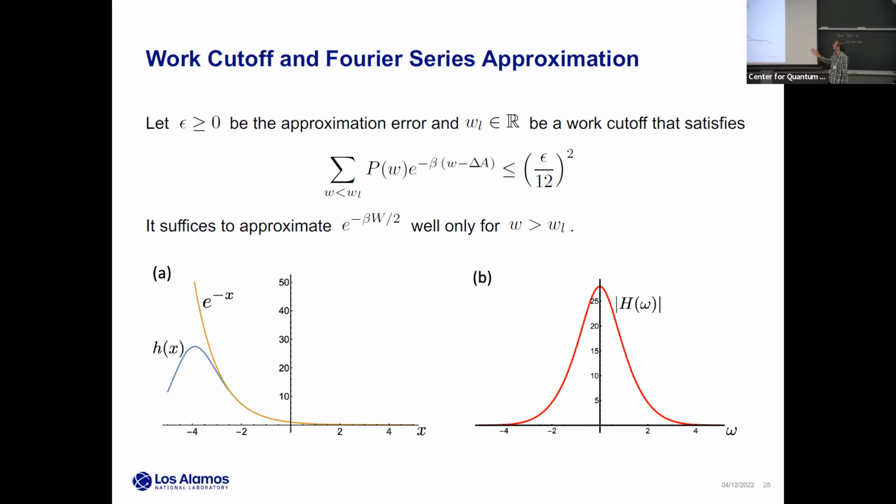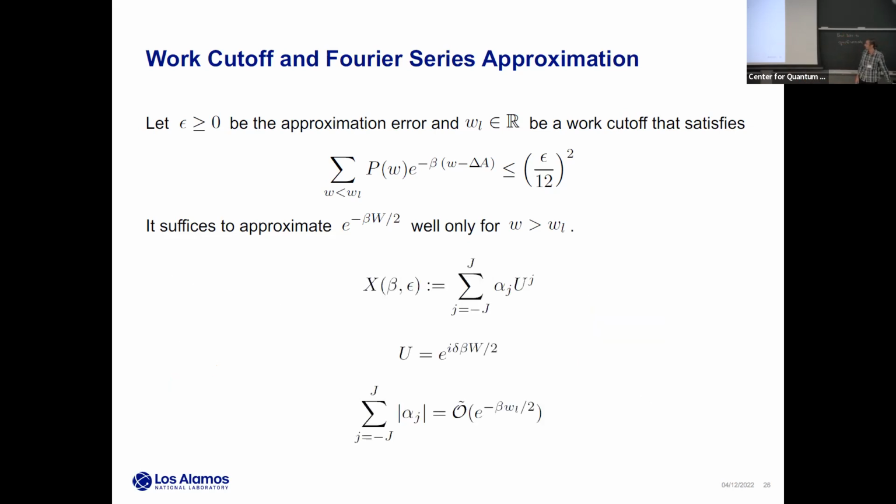So how we do this X operator is by approximating the exponential in part of its spectrum, and then not so good in the other part, by this function h of x. And the benefit of this is that in the Fourier domain we have very fast decaying tails.